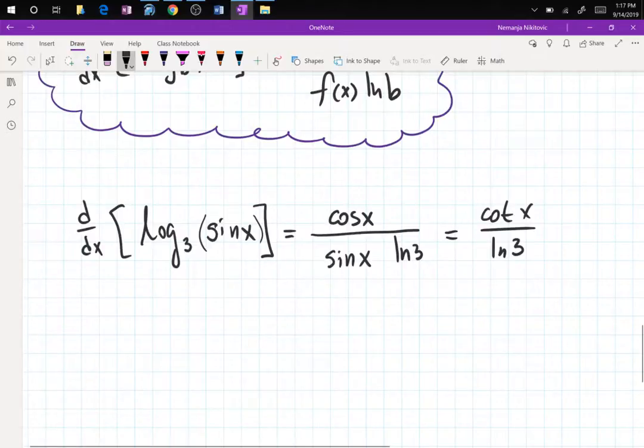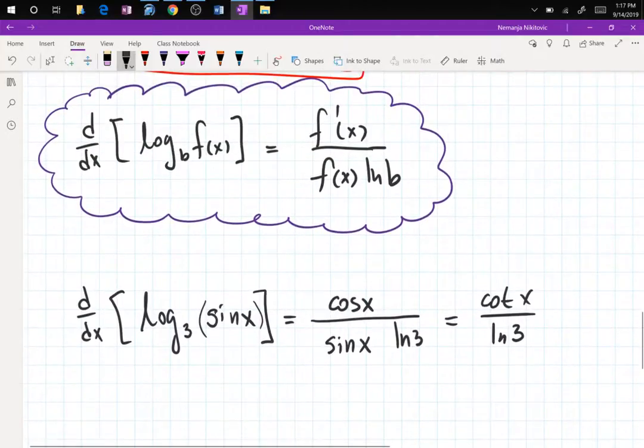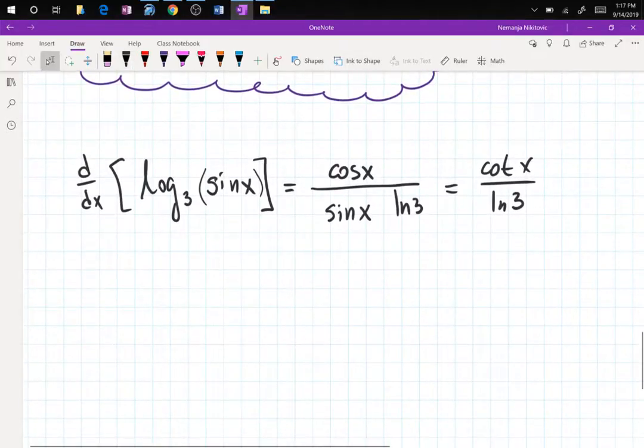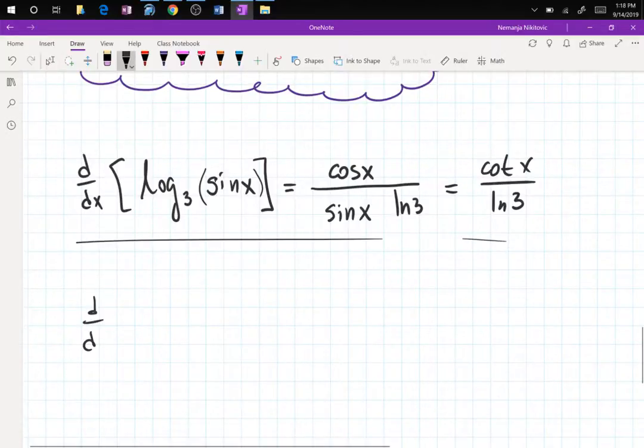So it goes very structured, as an example of the formula. Now, as I said, most of the time you will be focusing on ln formulas. So most of the time you're going to see the derivative of some kind of ln of some function. Let's say you have ln of x cubed minus x plus 9.